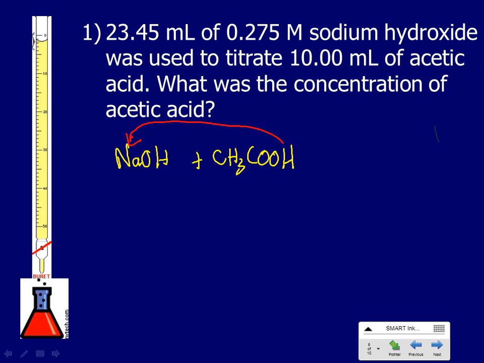You don't need to write that arrow, but what you end up with is NaCH3COO, that's sodium acetate, and water, all right? And then again, we've got the volume of the sodium hydroxide, the volume of the acetic acid, and in this case, I did write it second, what's the concentration of the acetic acid? That's your C equals N over V that you're solving right there.